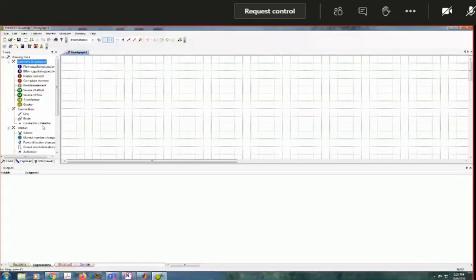I select 1 from here, bring it here and put it here. Then I can select 0. To select 0, I may go there and click, or I might simply press 0 on my keyboard, and I will get 0 here. If I press 1, I will get 1 directly. I am not going there.